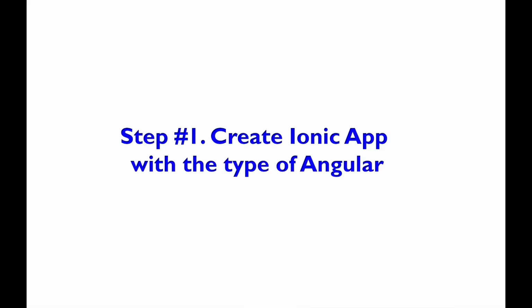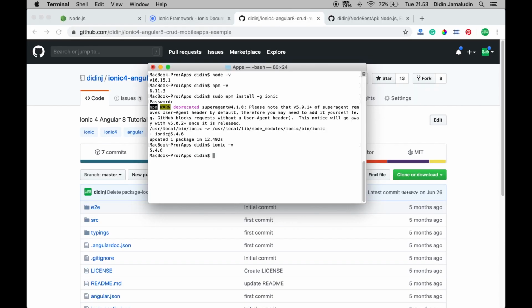Step number 1. Create Ionic App with the type of Angular. To create an Ionic App with the type of Angular, simply type this command in the terminal or Node.js command line: ionic start, the app name ionic-crud-apps, with the type Angular.